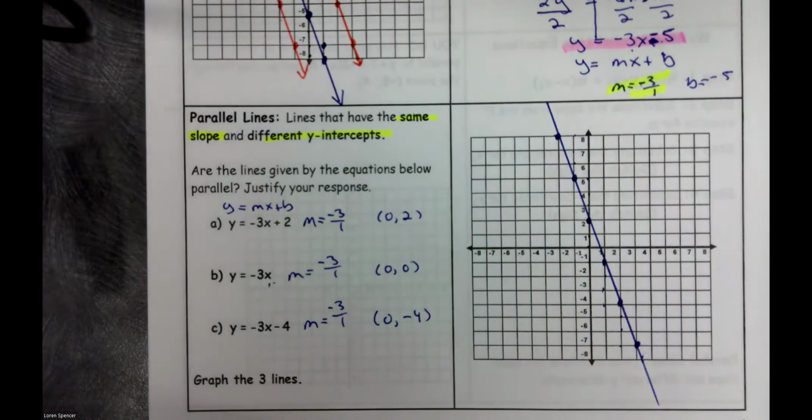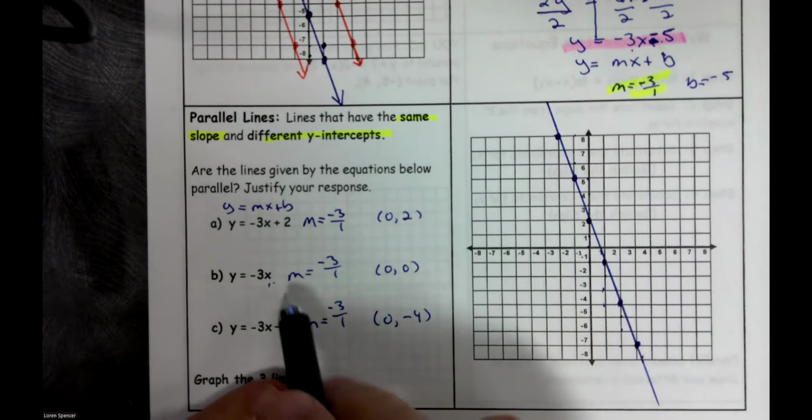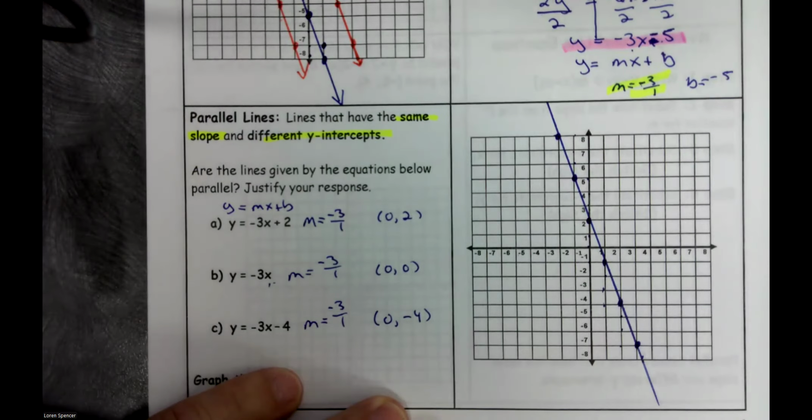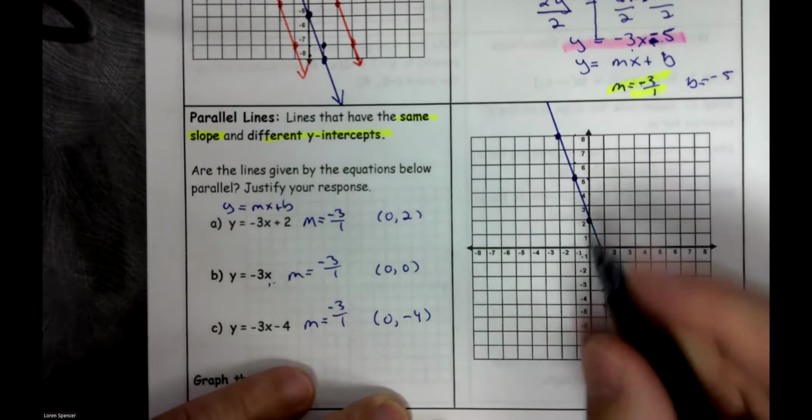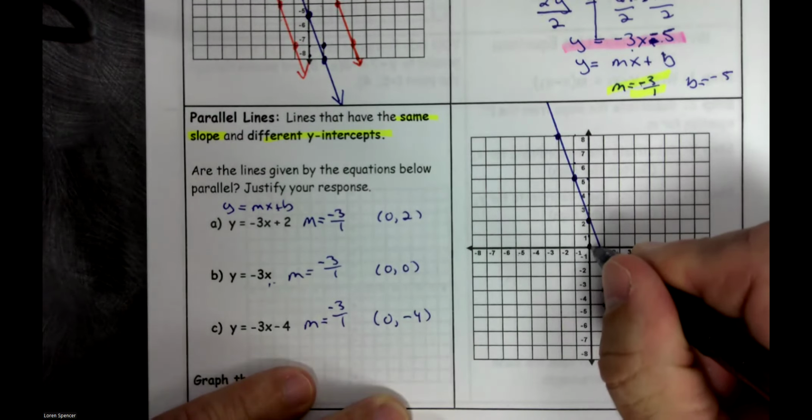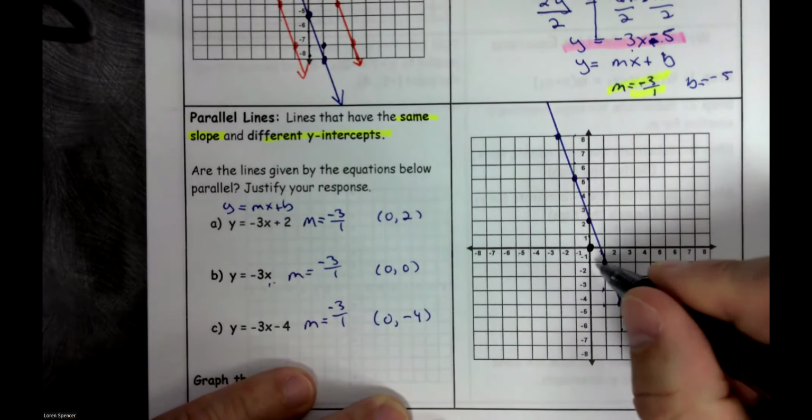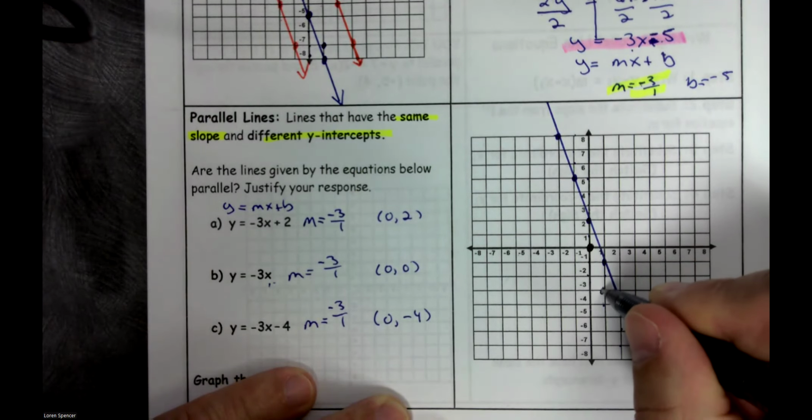And then the next one is negative 3, 0, 0. We're starting at 0, 0. We start at the y-intercept. And 1, 2, 3.